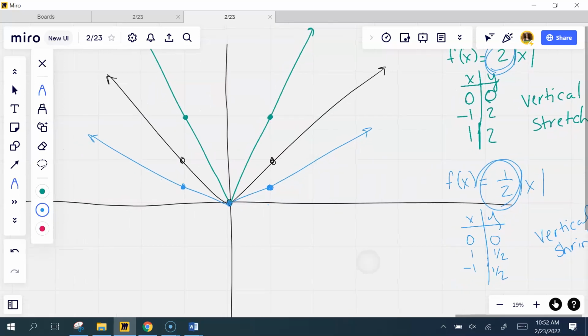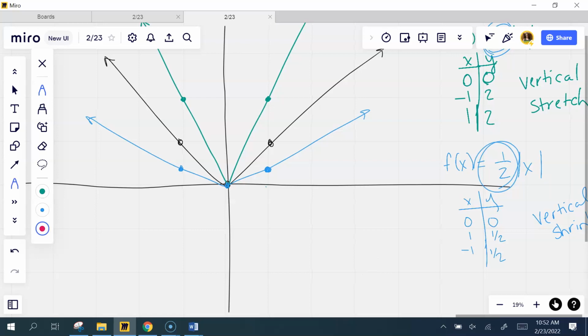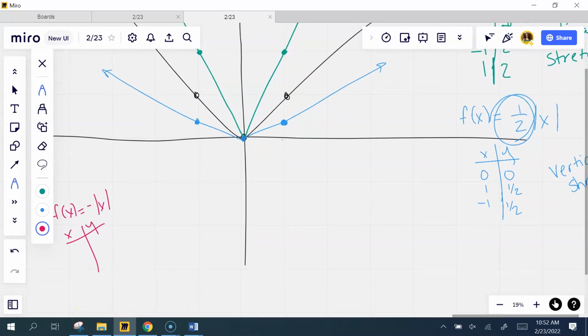Last one, and I'm going to put this on the same graph here, and you'll see why. You're exactly right. I've got negative absolute value of x. I'm still at 0, 0, but let's go 1 up, 1 down. What happens? What do I get there?